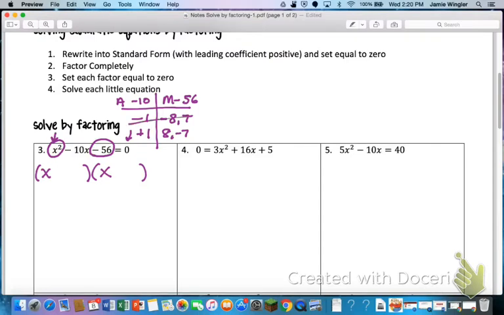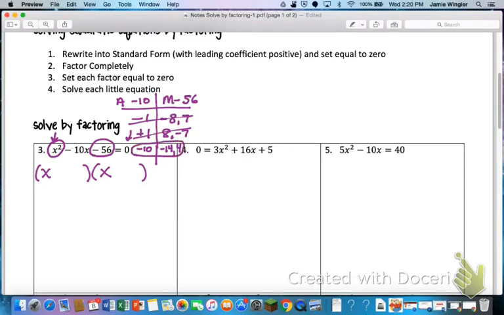So those are out. Now you might have to start dividing. 56 divided by 2, 56 divided by 3, 56 divided by 4. If you use negative 14 and positive 4, that adds to give you negative 10, so this is the one that's going to work.